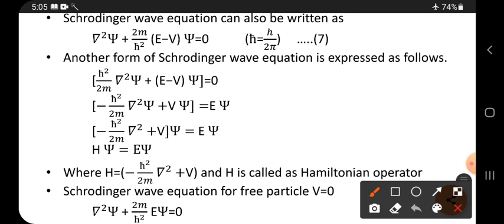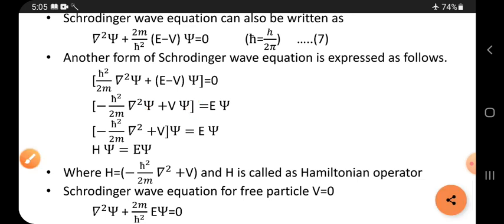After sending that to the other side, take psi outside as common, write it like this, and keep this bracket. I am simply replacing the bracket with one quantity, that is H. Then how do you write?